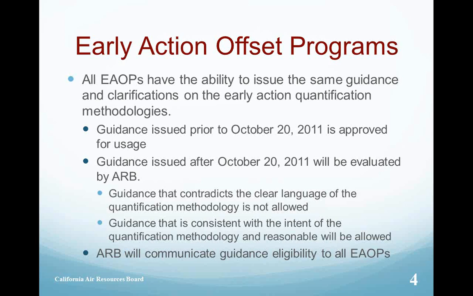However, guidance that is consistent with the intent of the quantification methodology and reasonable will be allowed. ARB will communicate the guidance eligibility both prior to October 20 and after October 20 to all early action offset programs quickly, and will release FAQs as soon as possible on our website.